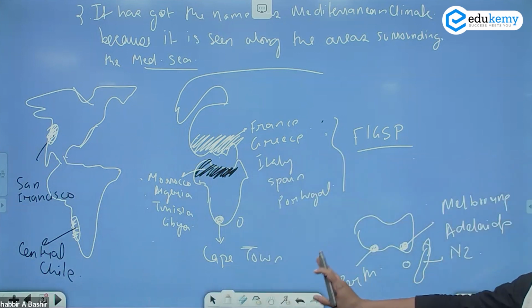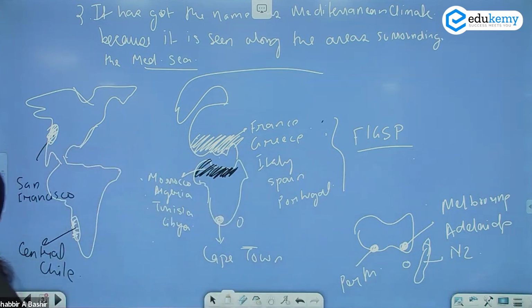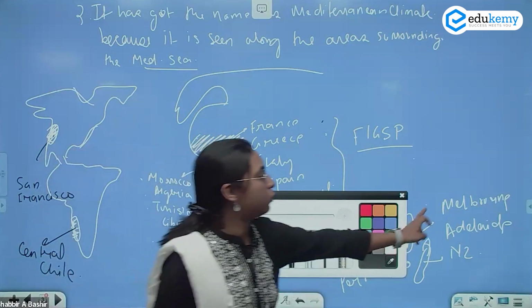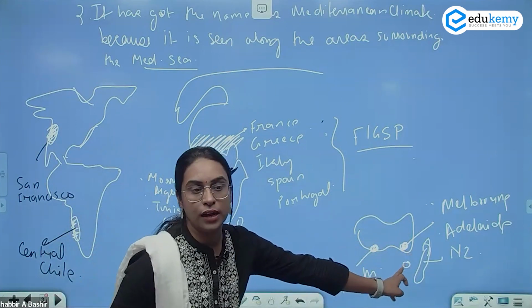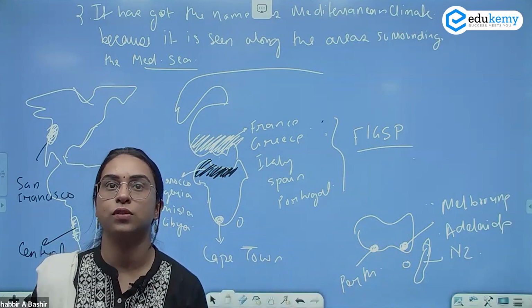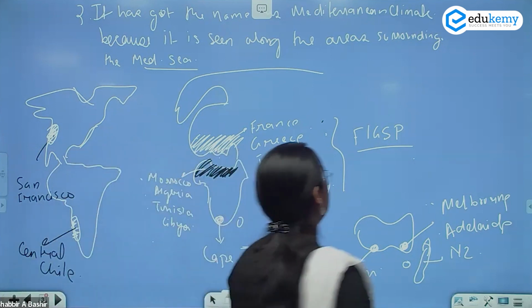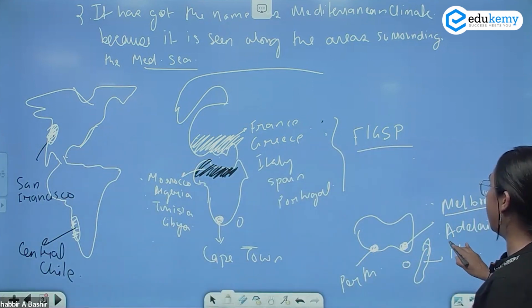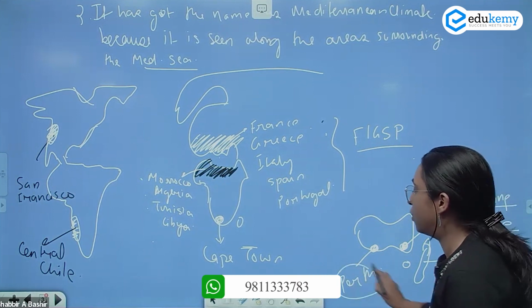We have it in central Chile also, and in Australia, around Melbourne, Adelaide, and Perth. These are the names of the cities. Perth is also the name of a city in Australia.